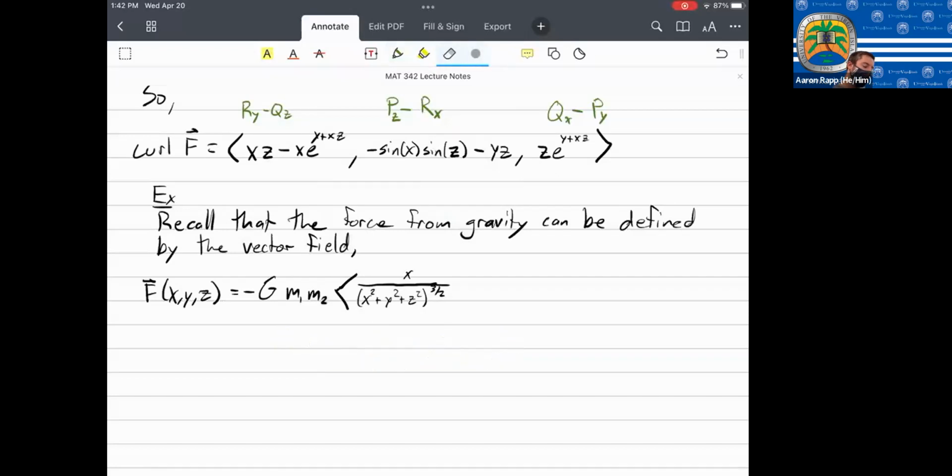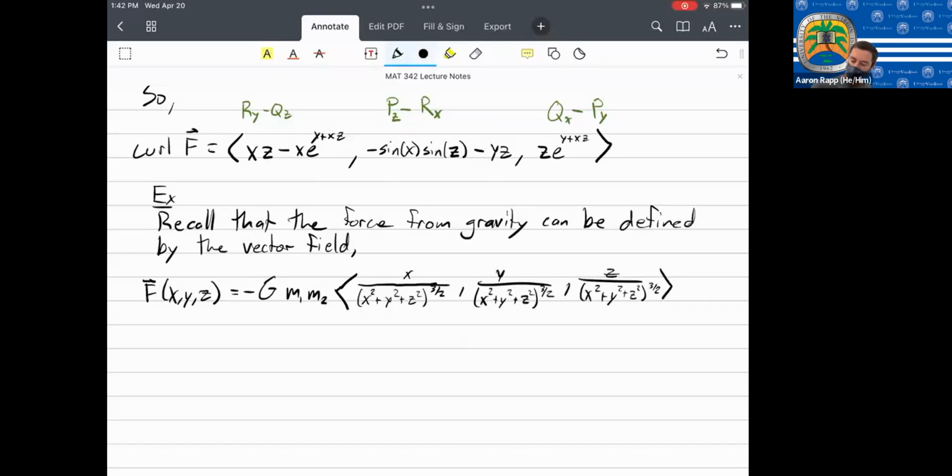But it's similar for the y dimension and z dimension: y over x squared plus y squared plus z squared to the 3/2, and z over x squared plus y squared plus z squared to the 3/2.